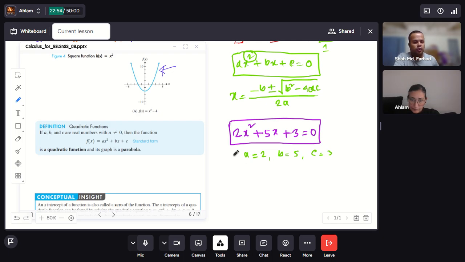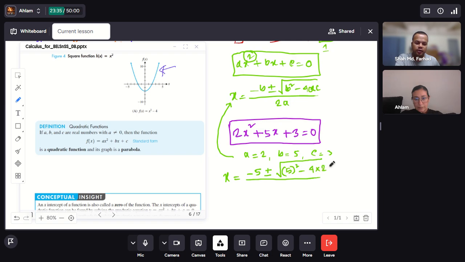We substitute these values into the formula. So x equals negative b, that means negative 5, plus minus root over b squared, that means 5 squared, minus 4 times a, that is 2, times c, that means 3, all divided by 2 times a, that means 2. Is it clear?